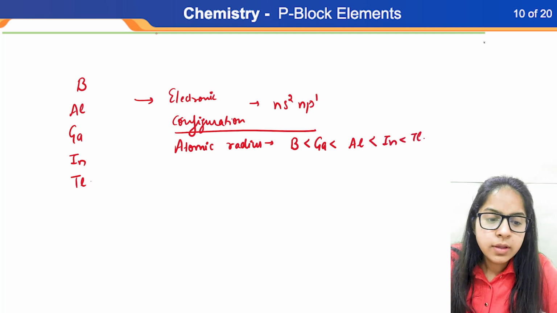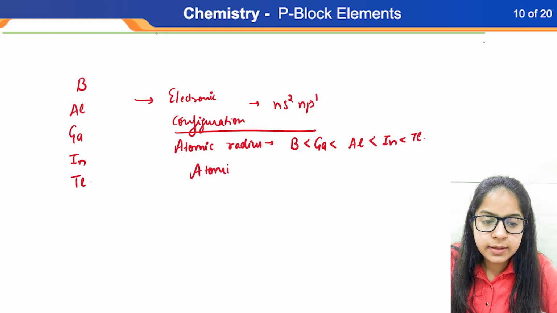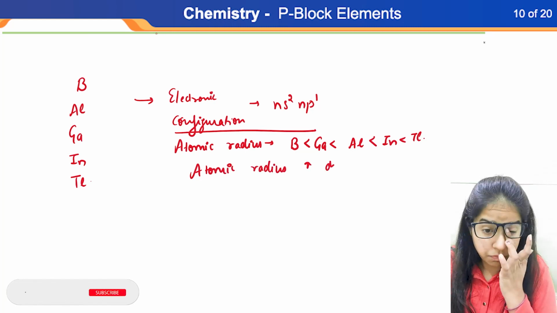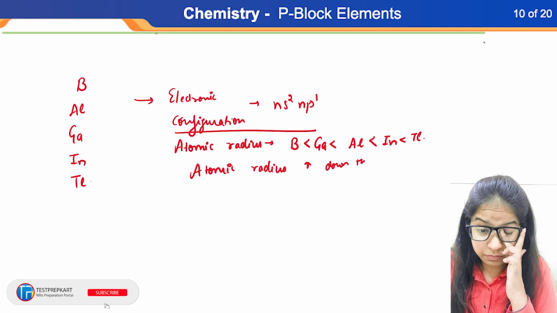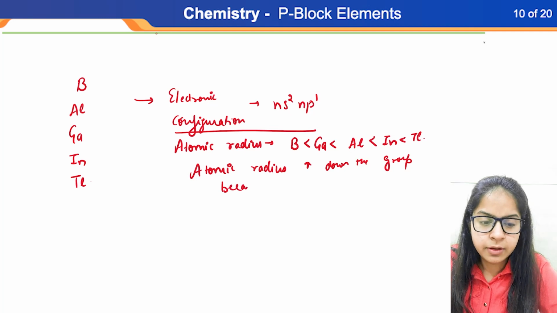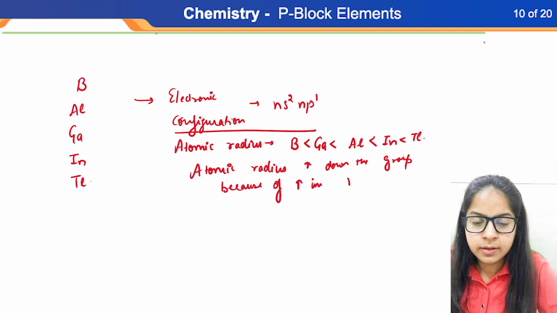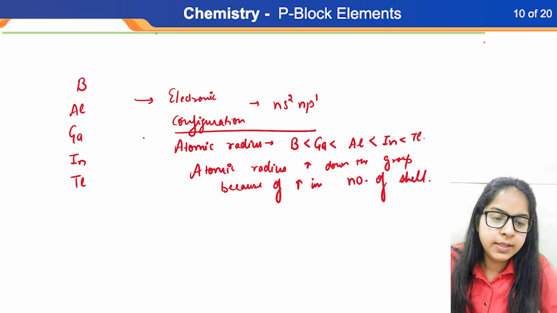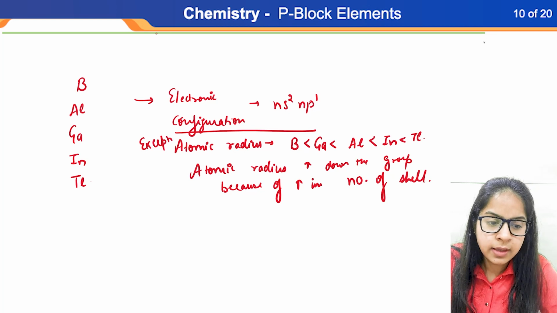As we know, atomic radius increases down the group because of the increase in number of shells.